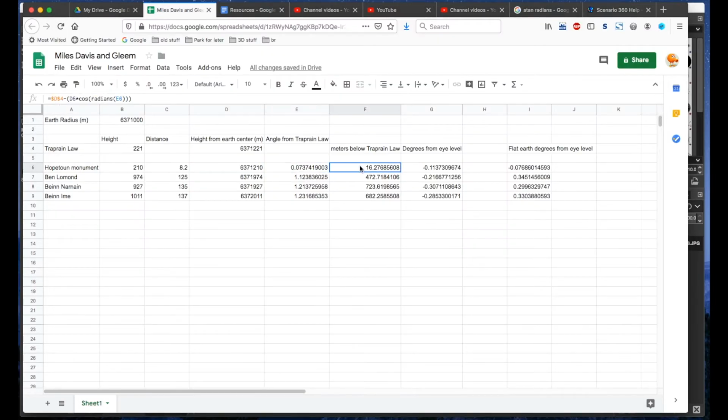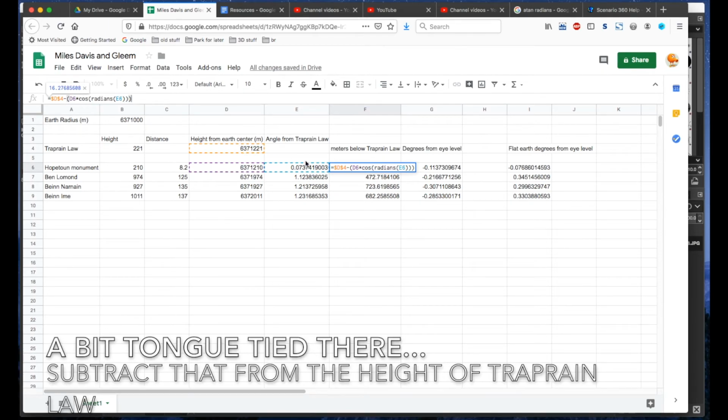And that is going to be this formula here. So it's the cosine of this cell converted to radians multiplied by the height of the object or observation point in meters. And then I subtract that value from the height from the Earth's center. And I did that for all of them.